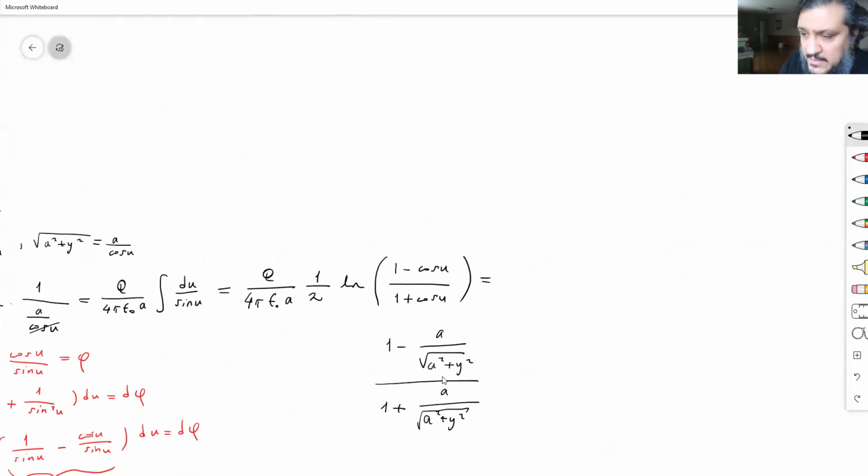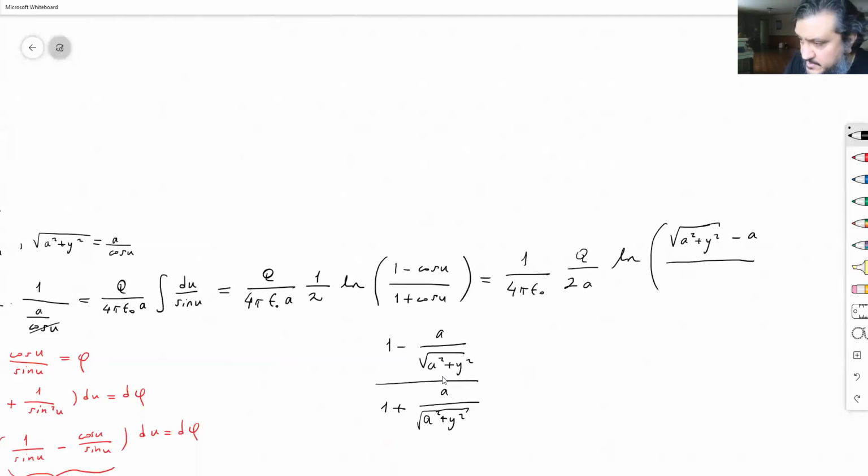So this integral will be equal to 1 over 4 pi epsilon 0. There's Q a to Q over 2a. And here I will have logarithm of, let's get rid of the denominators, so square root a squared plus y squared minus a, divided by square root plus a.